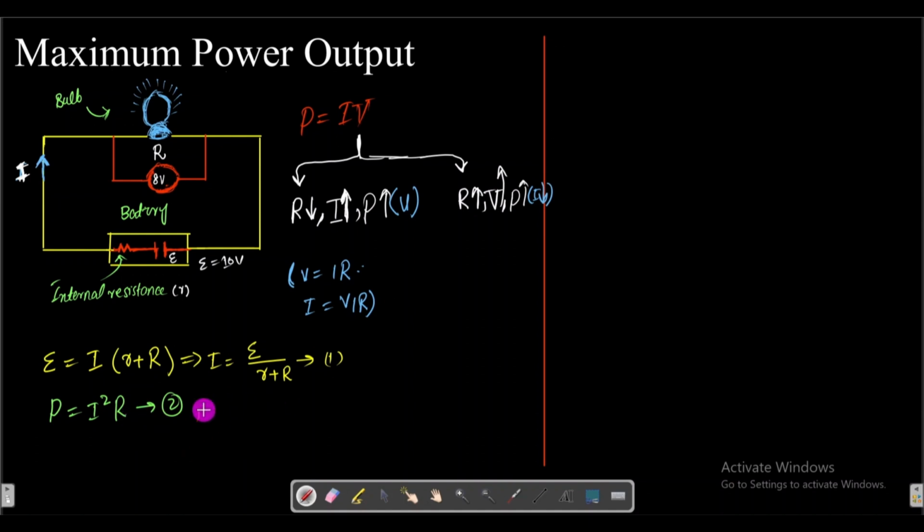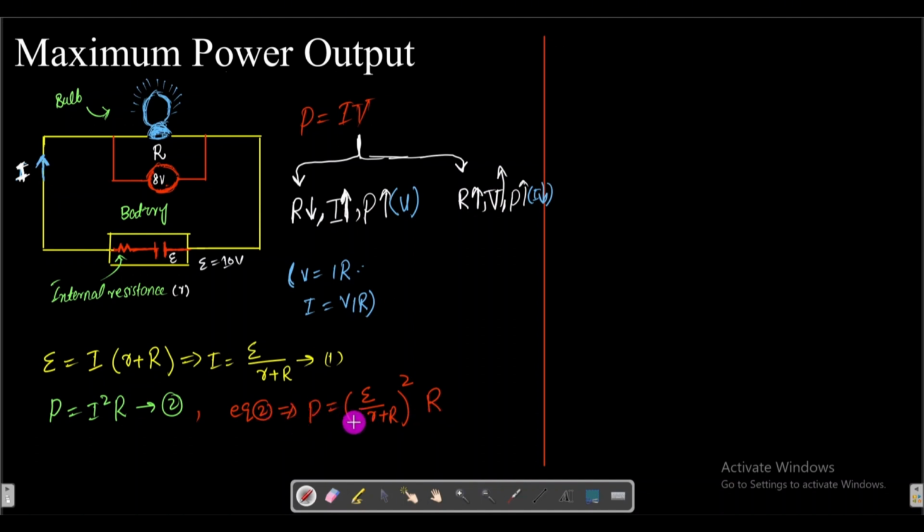If we put the value of the current from here, the current is the electromotive force divided by r plus R, and it has the square, into R.